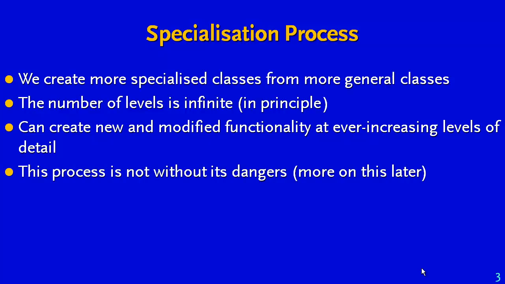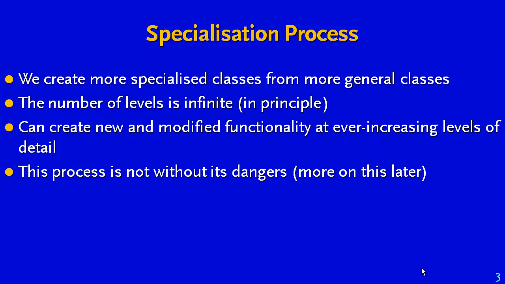So we start off with a general class, which will be the base class, and we specialize classes from it. And of course the number of levels is infinite in principle, so you can derive classes from classes which are derived from more classes, etc., etc. Whether it's a good idea to make very deep hierarchies is debatable, and whether it's correct or not is another discussion.